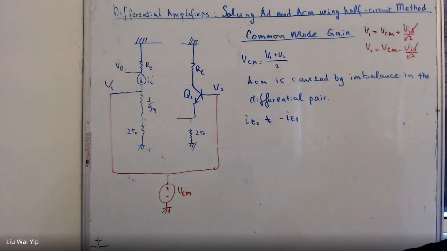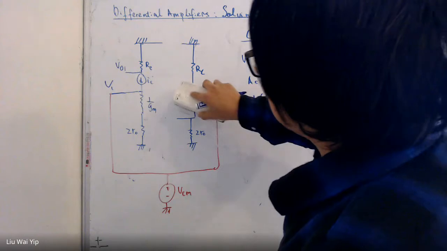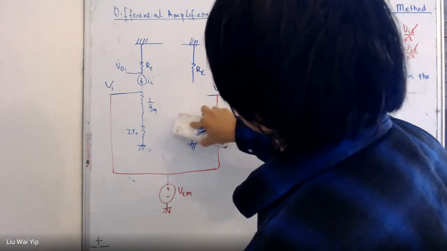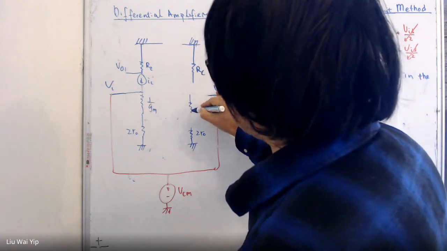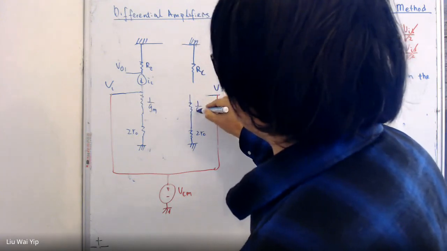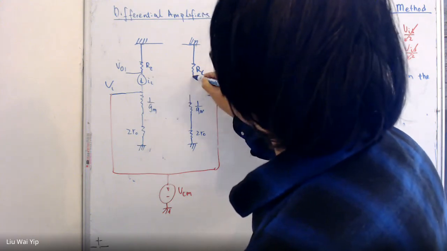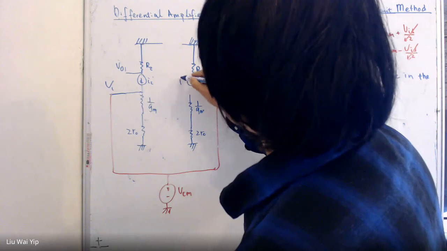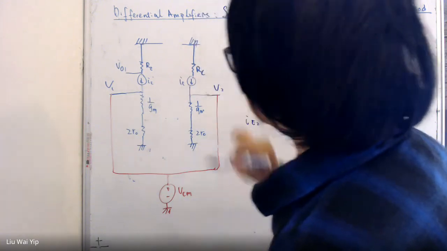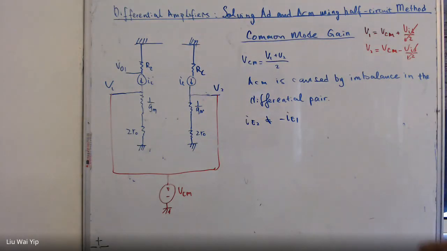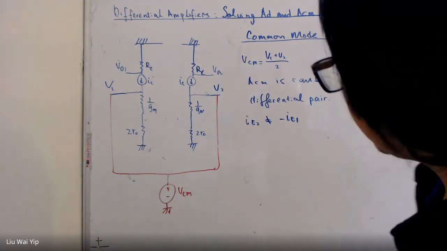And similarly, we can do the same for the other branch of the circuit. We don't really need this to be written down. The output is VO2.